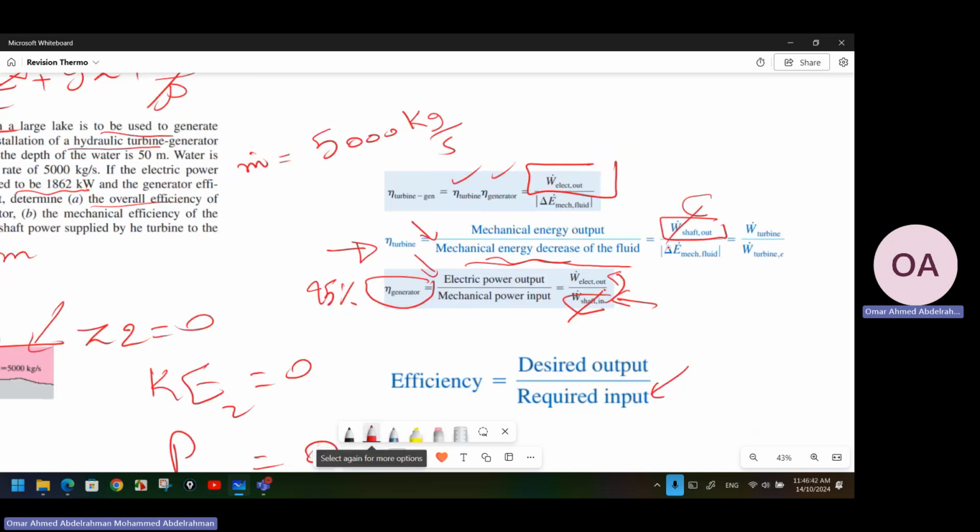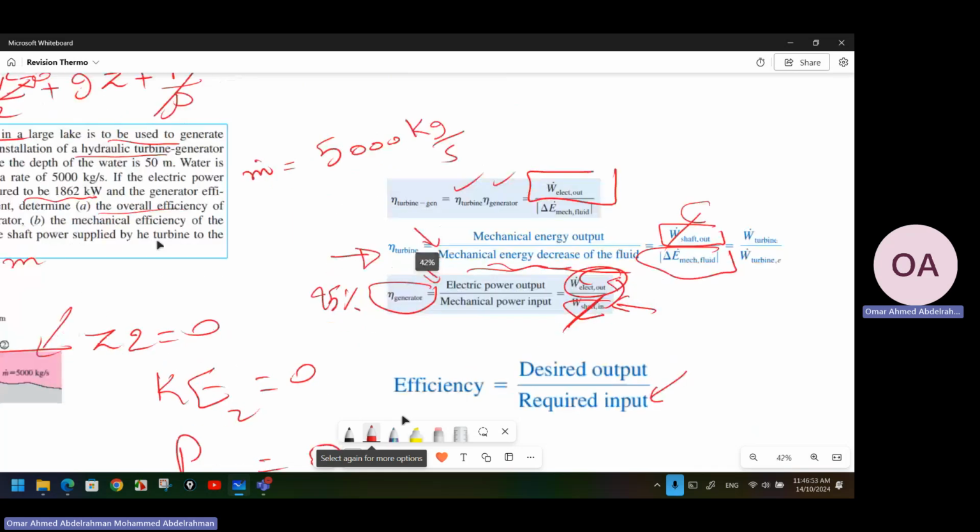So I will cancel this by this, and the remaining is W dot electrical out and the delta E mechanical decrease in the denominator. Then I can calculate the overall efficiency. The W electrical out is given in the question.